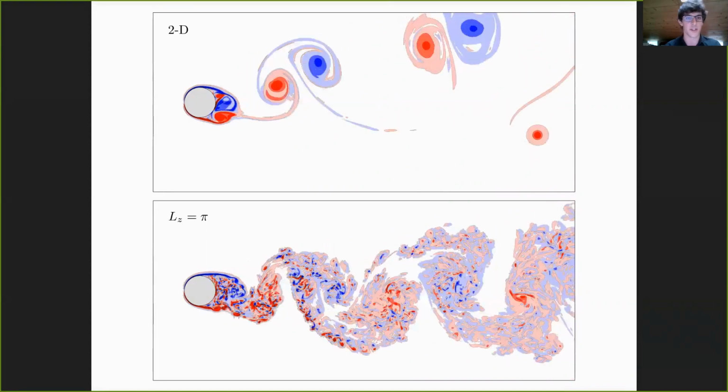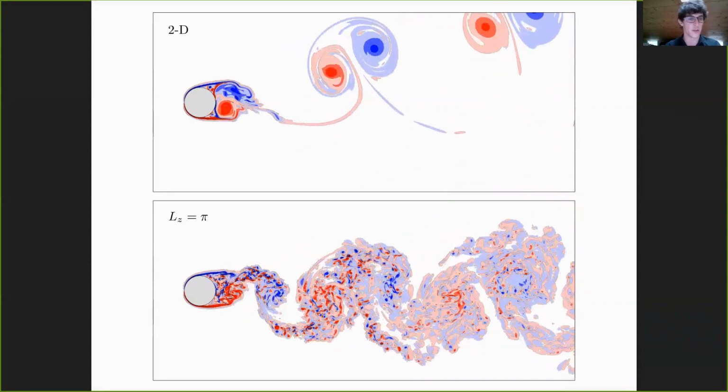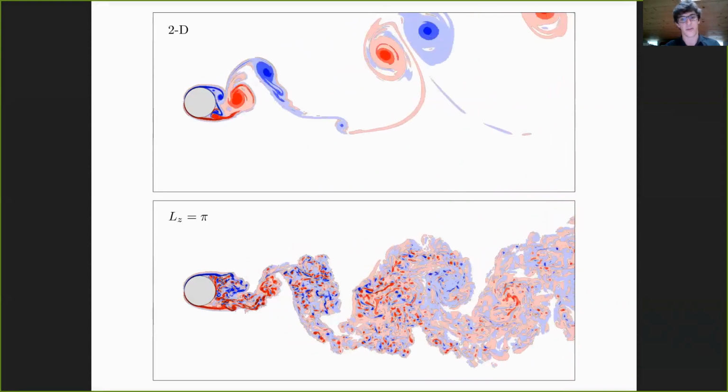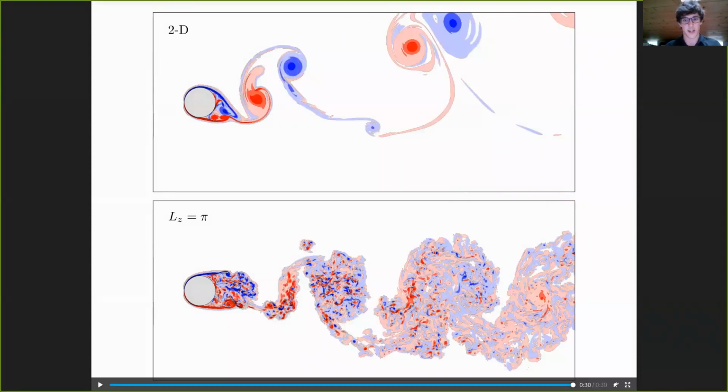Also, the roll-up of the shear layer happens quite close to the body. On the other hand, the 3D simulation on the bottom presents mid-scale and small-scale structures. They behave quite chaotically. The shear layer roll-up also happens a bit further downstream.